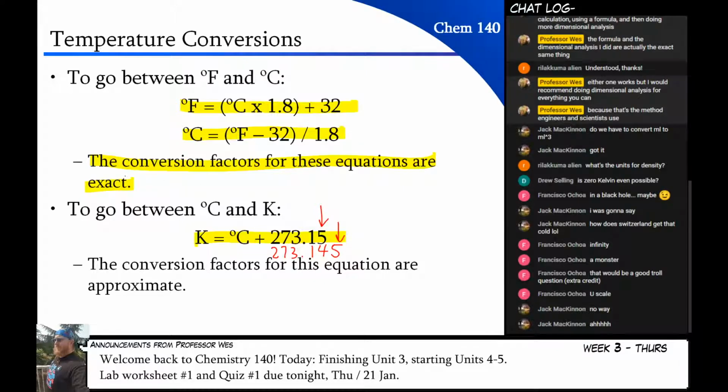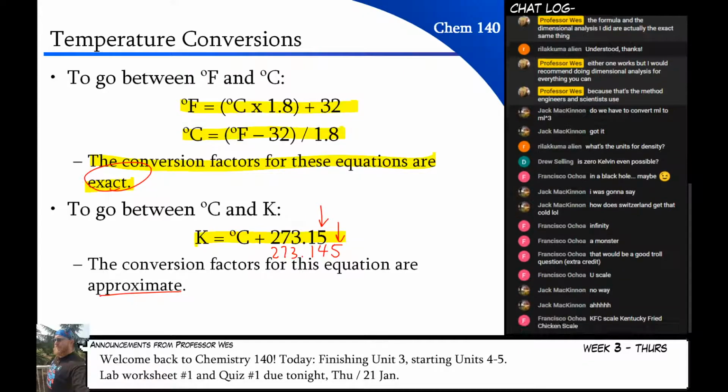Okay, so these up at the top are exact, but down at the bottom, these are approximate. That way you know what the correct scale is for temperature and how to get the correct sig figs, because, of course, we care about sig figs in all of our calculations. Generally speaking, temperature isn't going to be the limiting factor unless you're working at a very, very low temperature.